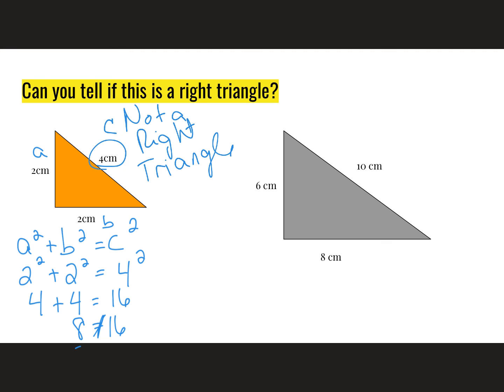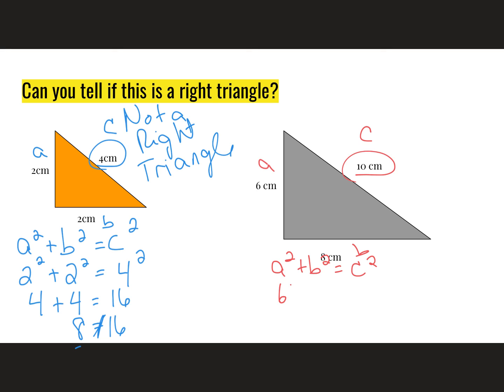And then let's try this last one. Again, longest side is 10, so that becomes C, and then A and B. Every time I'm going to start with A squared plus B squared equals C squared. Just remember what I'm doing. Here, side A is 6.